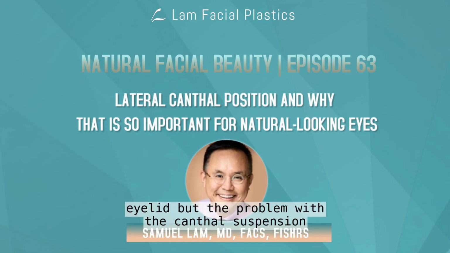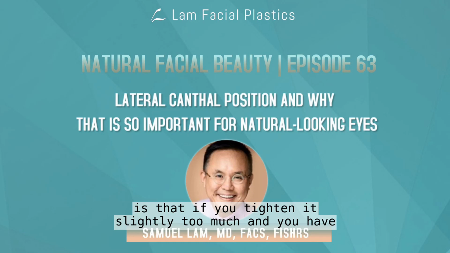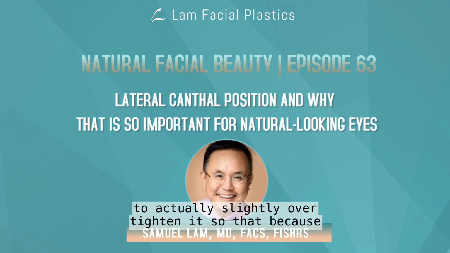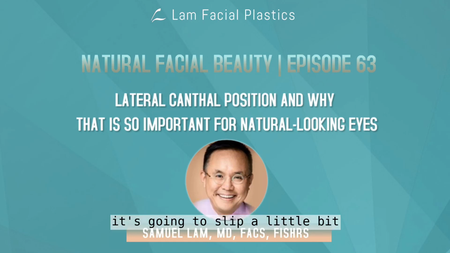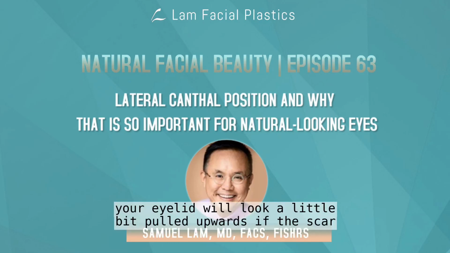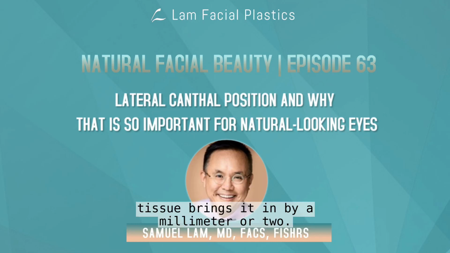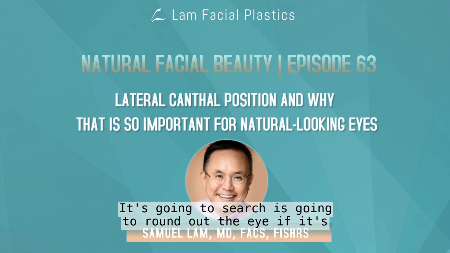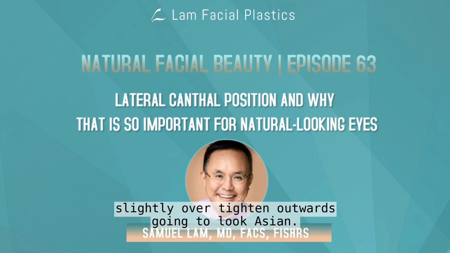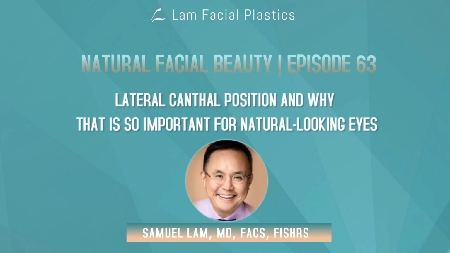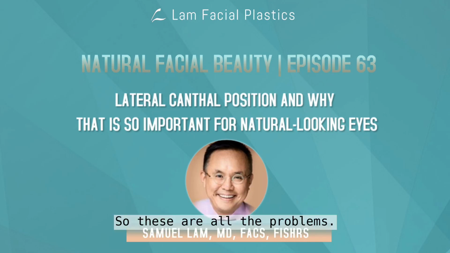But the problem with canthal suspension is that you have to actually slightly overtighten it, because it's going to slip a little bit, so your eyelid will look a little bit pulled upwards. If the scar tissue brings it in by a millimeter or two, it's going to round out the eye. If it's slightly overtightened outwards, it's going to look Asian. It can look artificial. So these are all the problems.